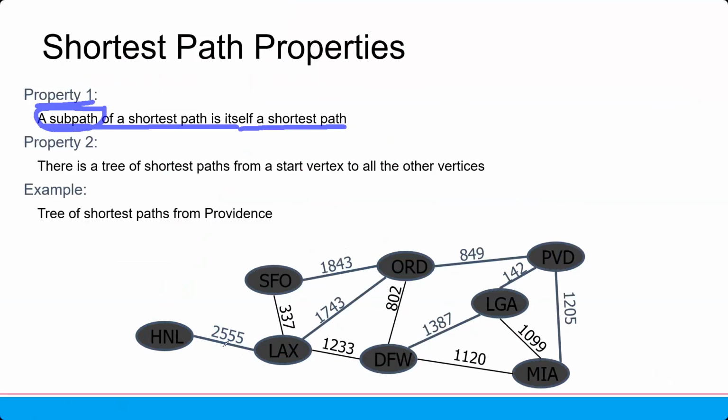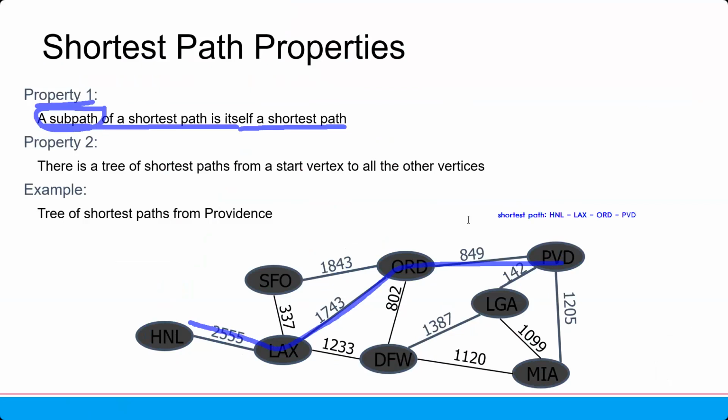If we know that this is the shortest path, okay, so let's say this is the shortest path. The shortest path is from ANC, and then go to LAX, and then go to ORD, and then go to PVD.